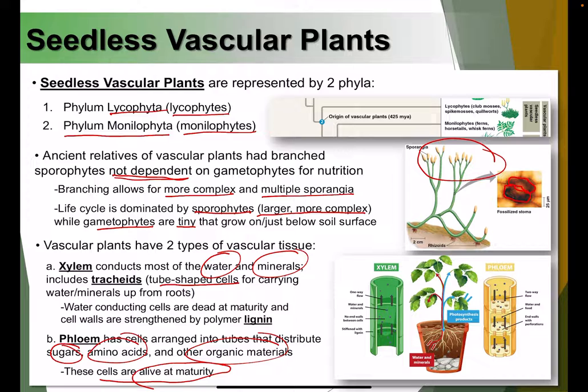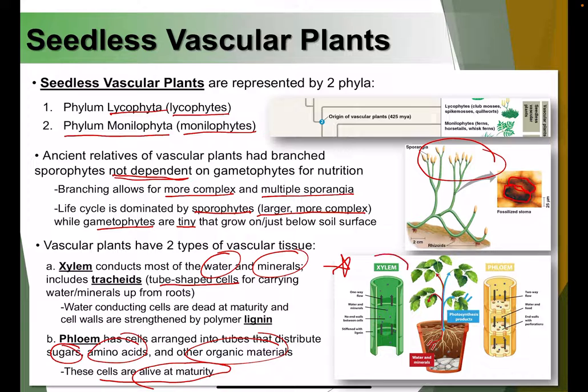And here is a picture that compares between the two vascular tissues. I guess it's kind of like us having veins versus arteries and capillaries. In plants, they have xylem versus phloem. So they differ in their structure when you look at xylem versus phloem because of the different things they transport.